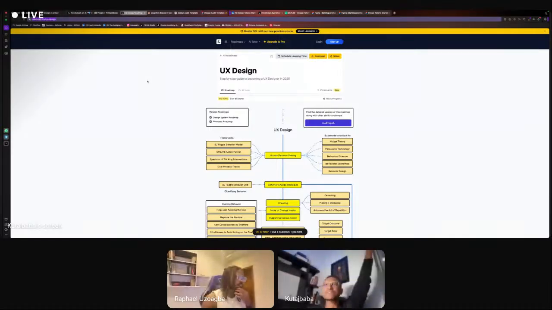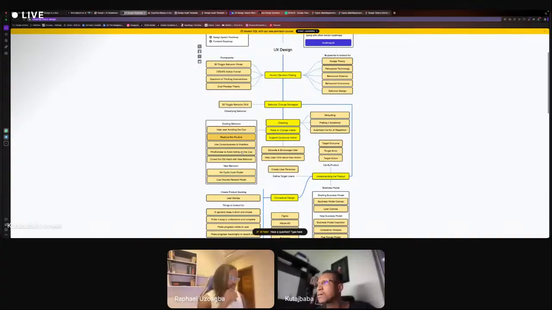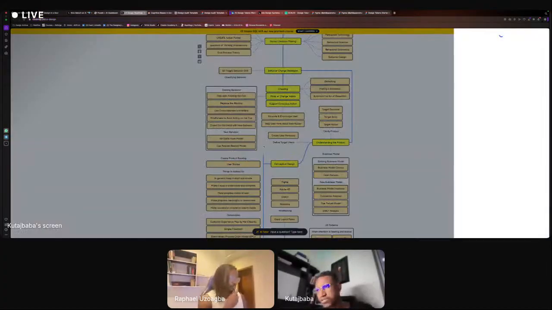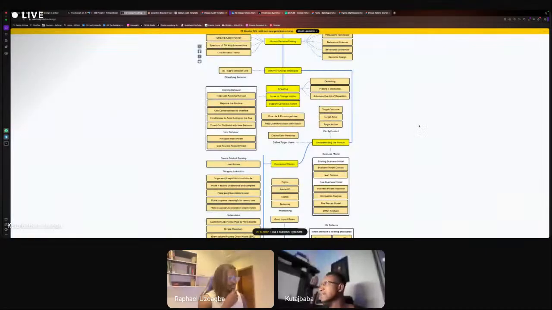So the next one I have here: if you are looking to learn UX design, or somebody walks up to you and says, I want to become a UX designer or a product designer, how do I start? This is a good place for you to start, so share this resource with them. It basically gives an overview of everything they will interact with when they start learning about the product. Let me click on something. Let's see, user stories, for instance. What are user stories? How to write a user story. It gives you a guide, right?